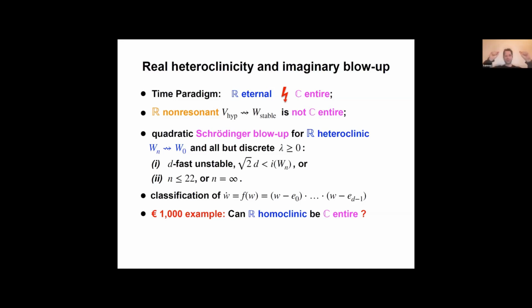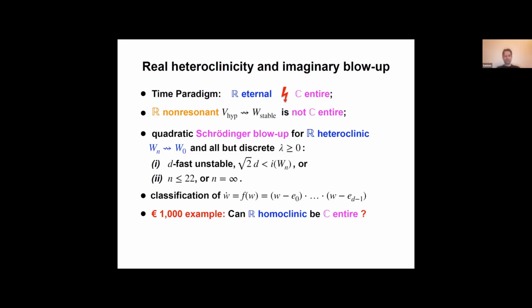So if you have a heteroclinic orbit, like in the quadratic easy case, then on the other side you have a blow-up orbit, and the ability to join or to circumvent to join those orbits was related to the linearization and to the eigenvalues, because if the eigenvalues are not the same or not resonant, then you can circle around one equilibrium and circle around on the other side, and you can show that it's not possible that you get a solution that is real on both sides again on the real time axis.